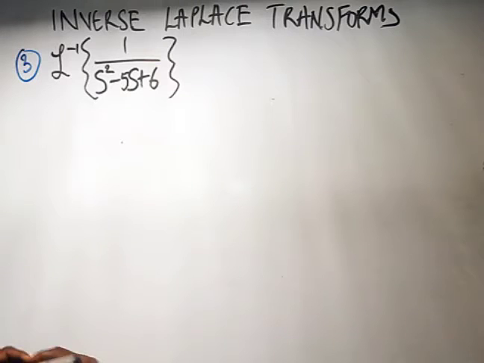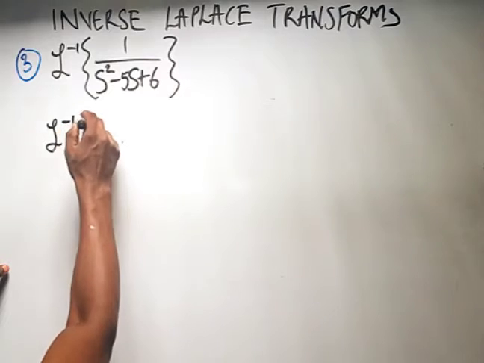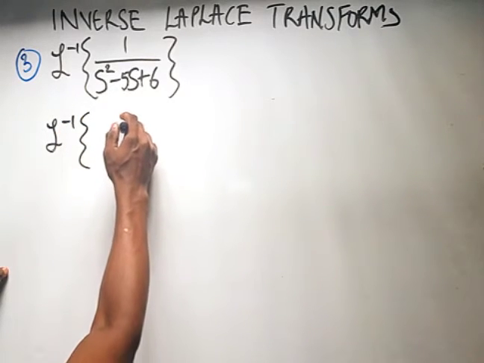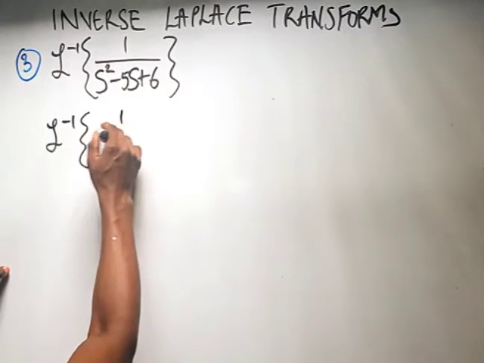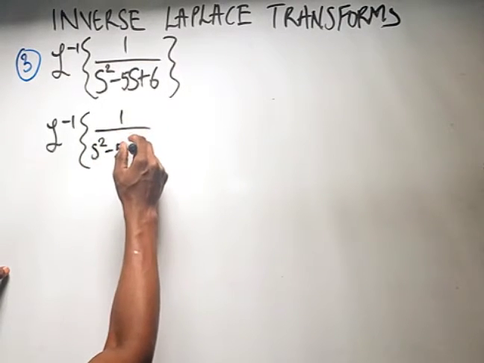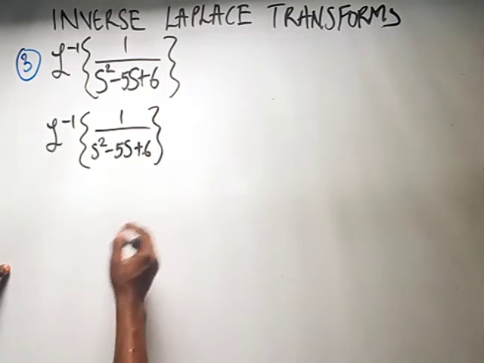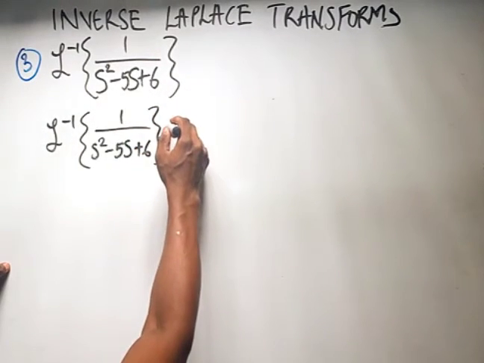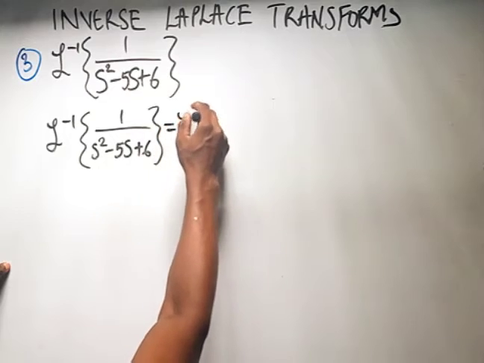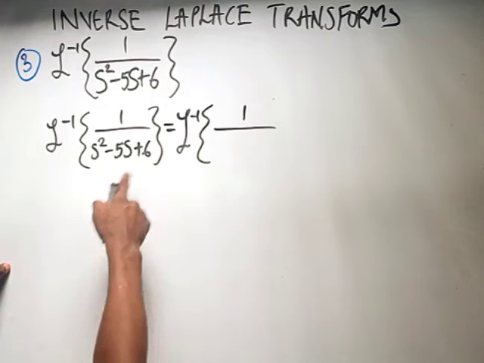So I'll be working with this function actually, but let me just put this down. The inverse Laplace transform of 1 over a squared minus 5a plus 6. Well, this is the same thing as the inverse Laplace transform of, well, the denominator here is factorable.